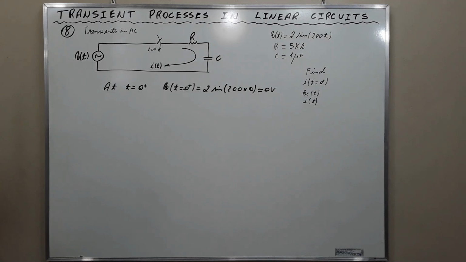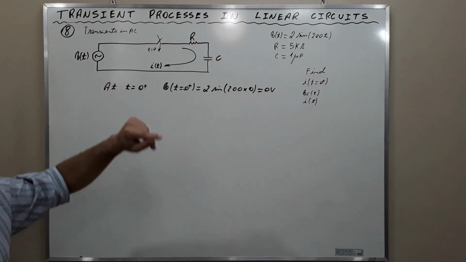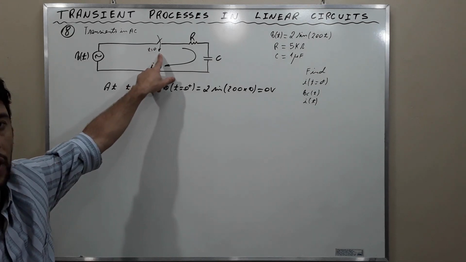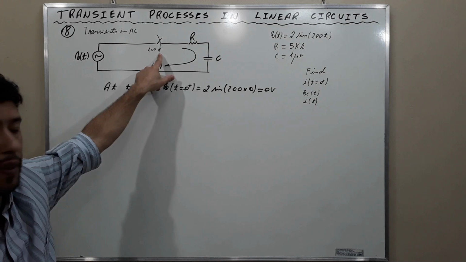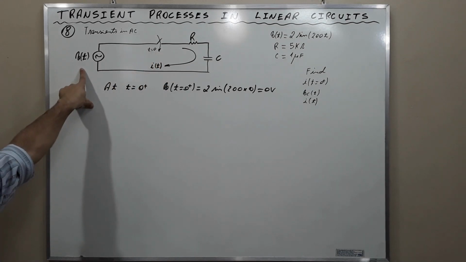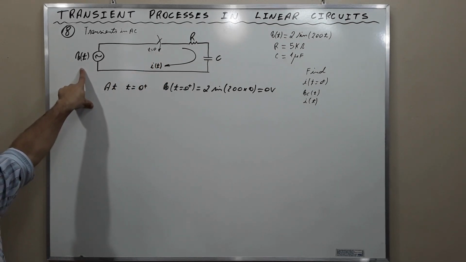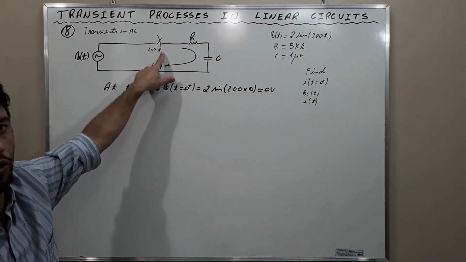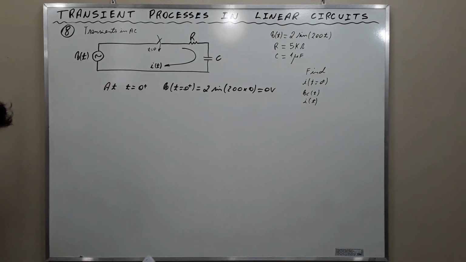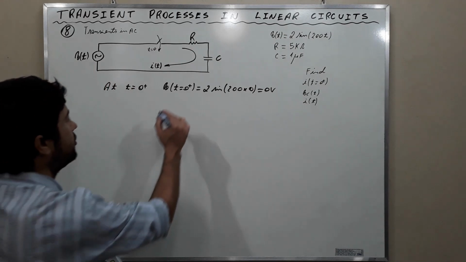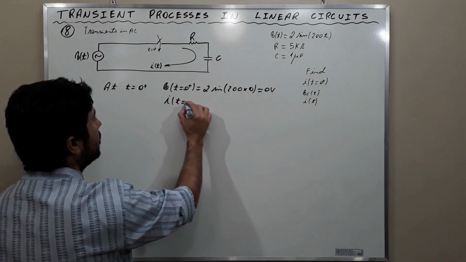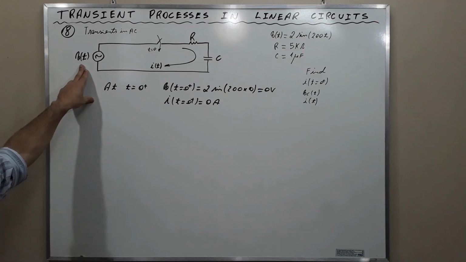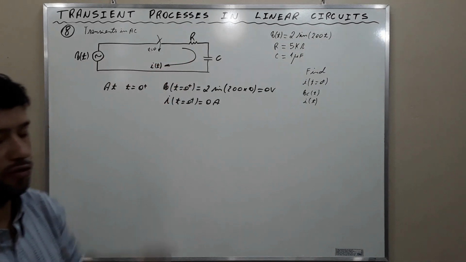Pay attention here that we are considering that the switch is going to close at precisely the same time the voltage of the power supply passes through 0. 0 here means 0 here too, and vice versa. Consequently, I of t equal to 0 plus is going to be equal to 0 amperes, because if the forcing term is 0, then the current is 0 too.